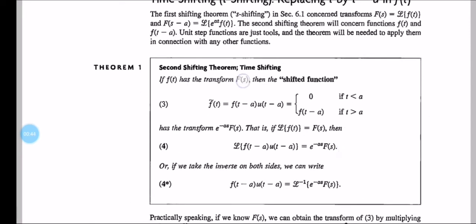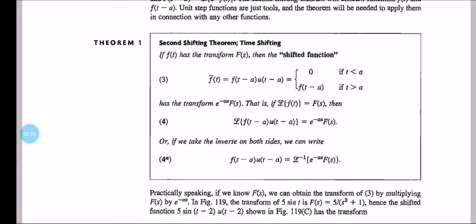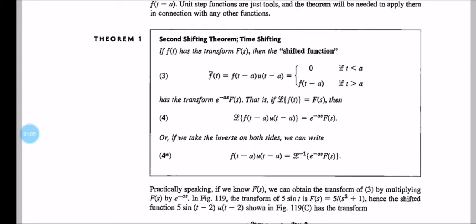There is a theorem which is called the time shifting theorem, or shifting theorem. Suppose f of t has a Laplace transform F of s. Then we define the shifted function, denoted by f tilde of t, as f of t minus a times u of t minus a.